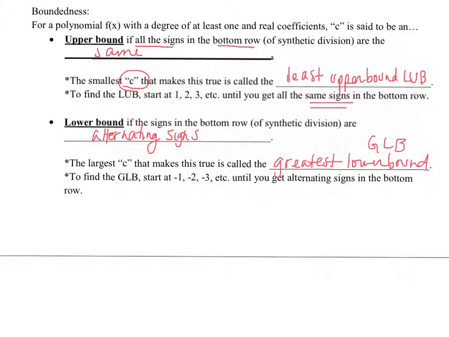Now, an important fact to note is that 0 is like a wild card. What that means is that it can count for any sign that it needs to be, positive or negative, so that you can get the result that you want. So for example, if you are trying to prove that 3 is an upper bound, and you have the values of 5, 0, 6, and 8, then we can say that yes, this is an upper bound because all values are positive.